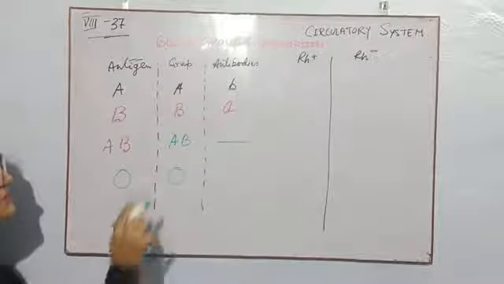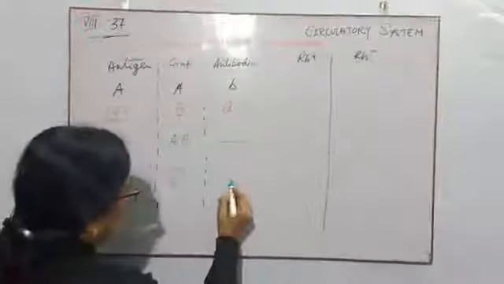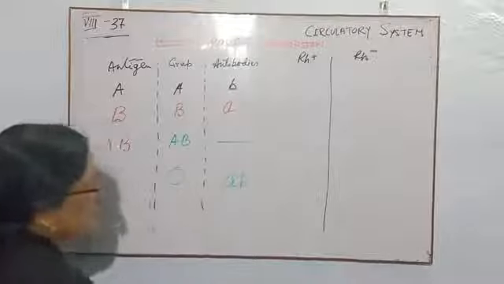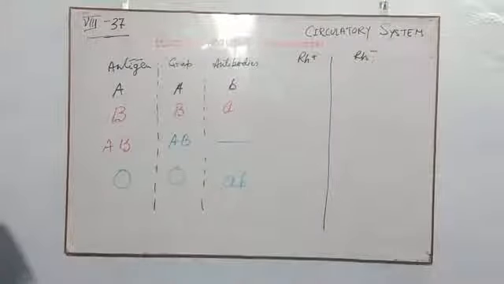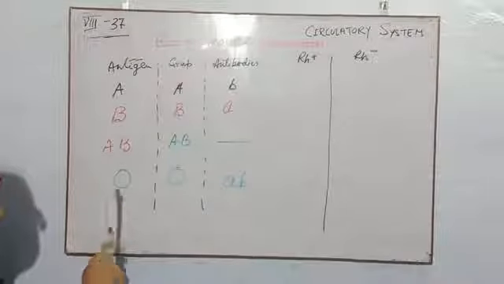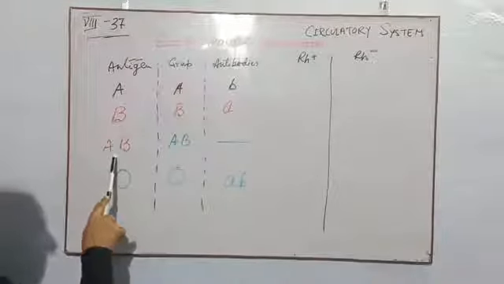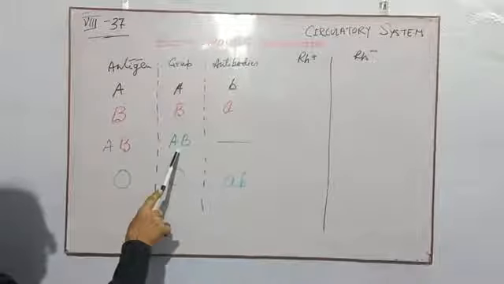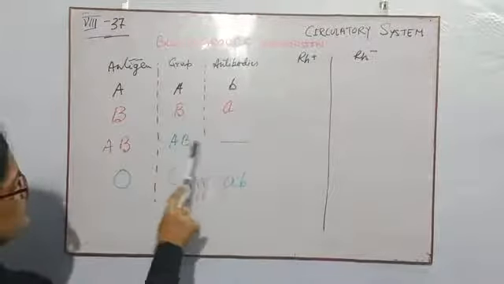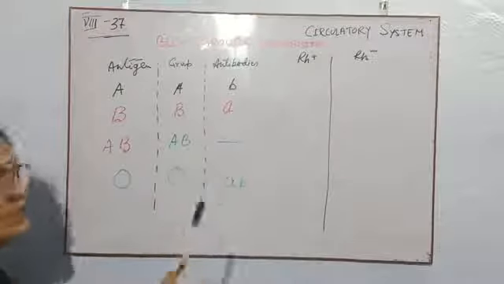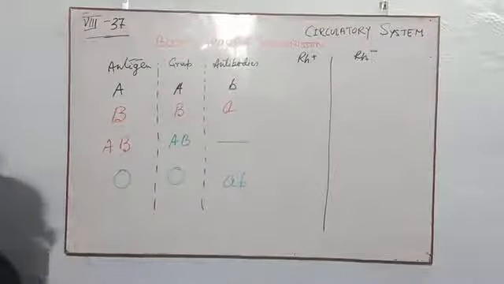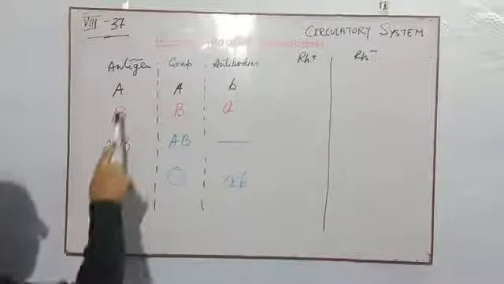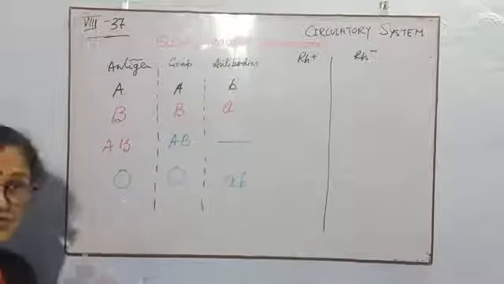At that time the body will produce both types of antibodies, small a and small b. This is the main reason. If both types of antigens are present, that means blood group AB, there will be no antibodies. And 0 means nil, nil means nothing. So according to the alphabet, it is termed as O.